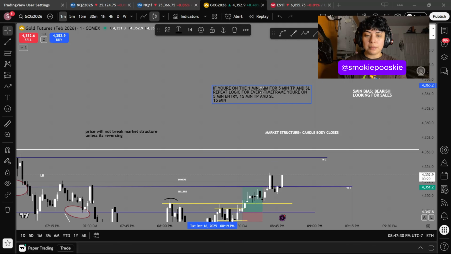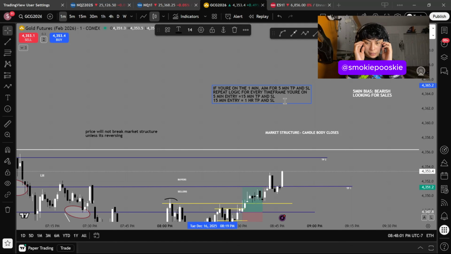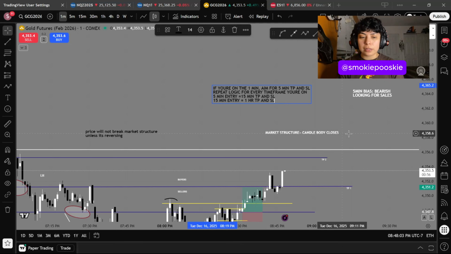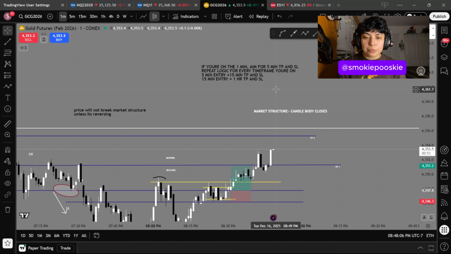And 15-minute entry equals, actually let's do equals a 1 hour TP and SL, right? These are just, I love formulas. I love being able to see facts and plug things in. This is me creating a formula, I guess, in my brain. But yeah, and vice versa.